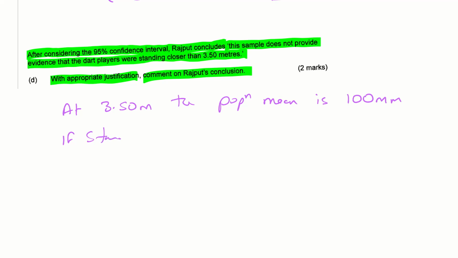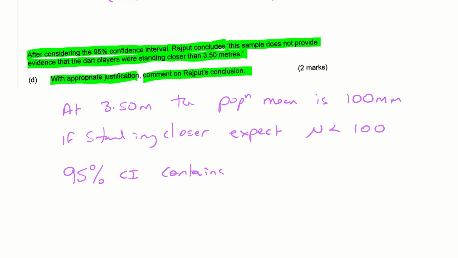If standing closer, we would expect mu to be less than 100. But the 95% confidence interval contains 100, even if only just.